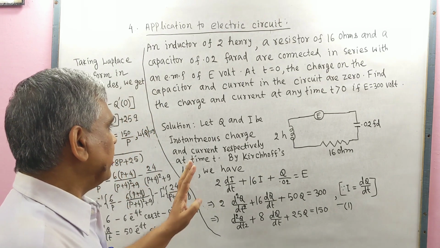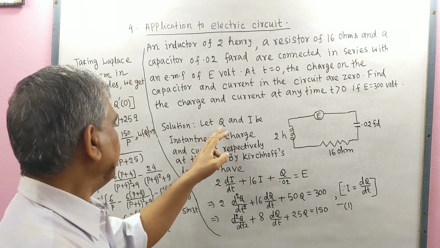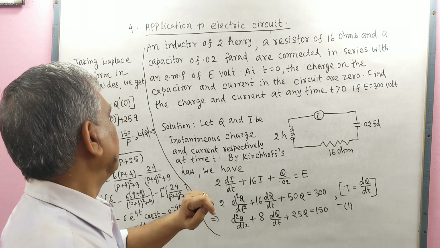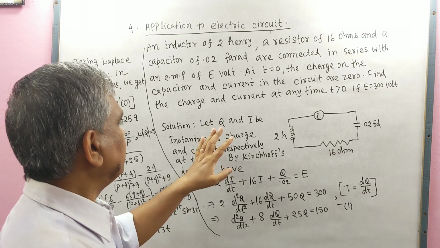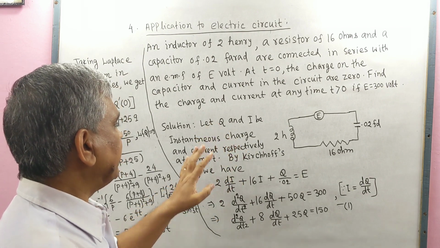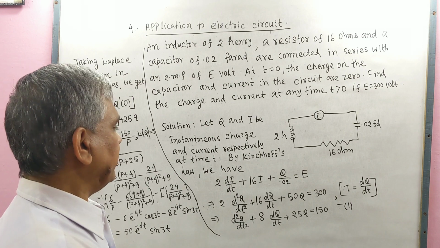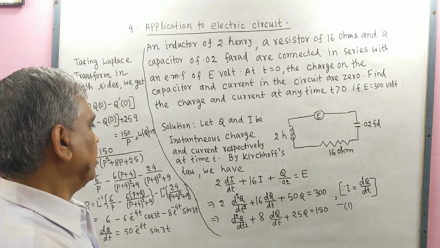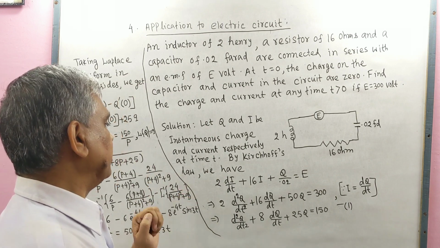Let Q be the charge and I be the current. This charge and current be instantaneous charge and current respectively at any time t.